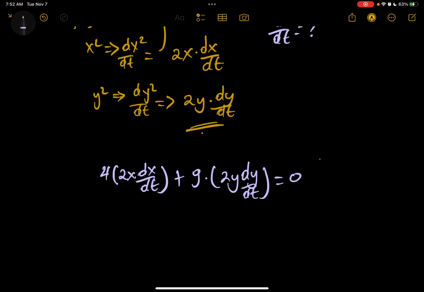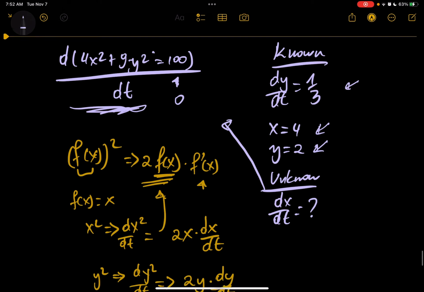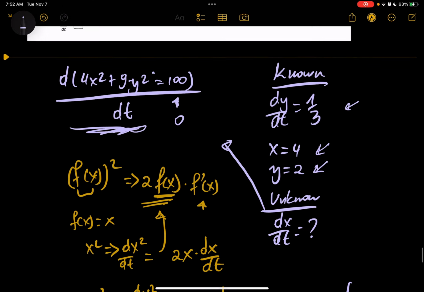And now the most amazing thing just happened: they gave me all the values for dy dt, for x, and for y. So what I can do is take all of those values and substitute them down here, and I will try to solve now for dx dt. Let's do that. So 4 times, what is my x?